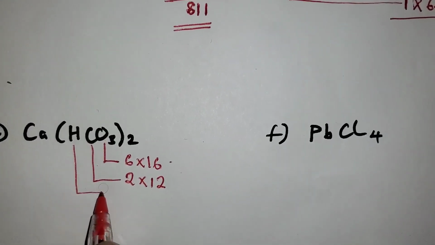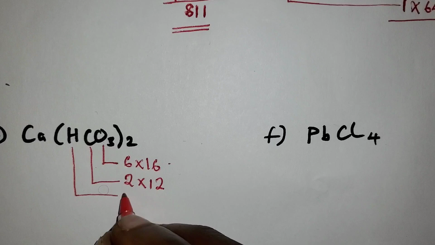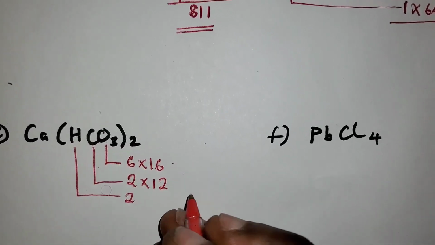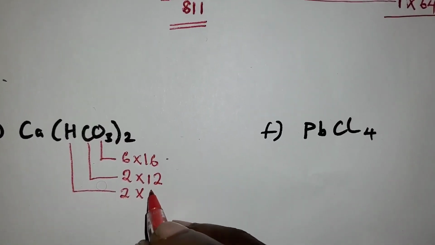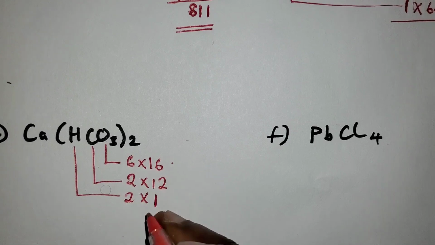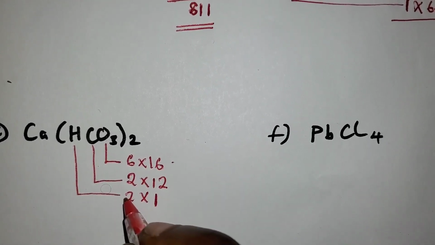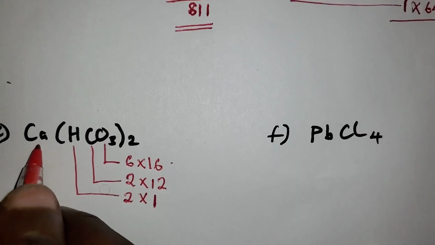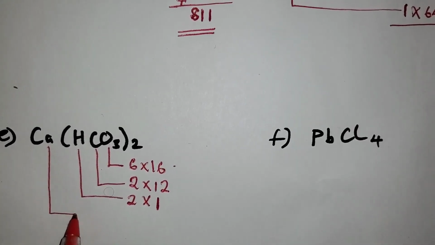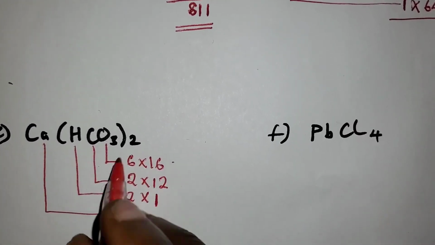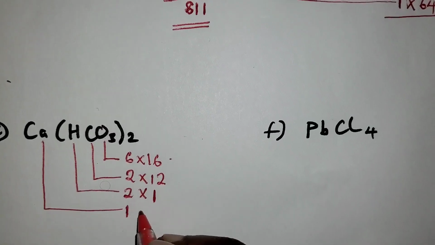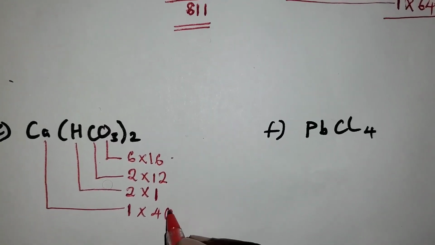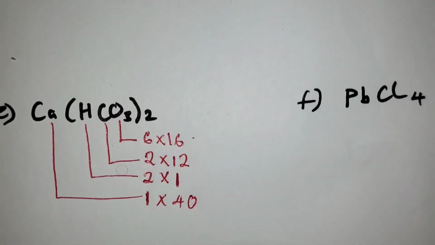Hydrogen, we have 2 atoms of hydrogen because of these 2 times 1. 1 is the mass number. Everything on the right here is the mass number. This on the left is the number of atoms in a compound. Then calcium is not affected by a 2, so it will be just 1 atom of calcium multiplied by its mass number, which is just 40.